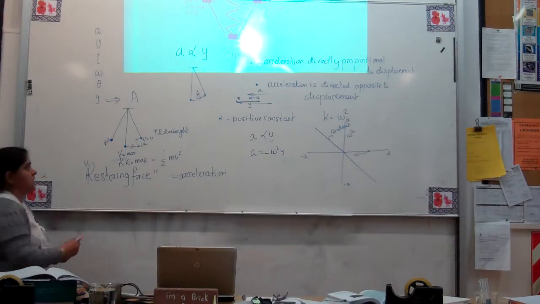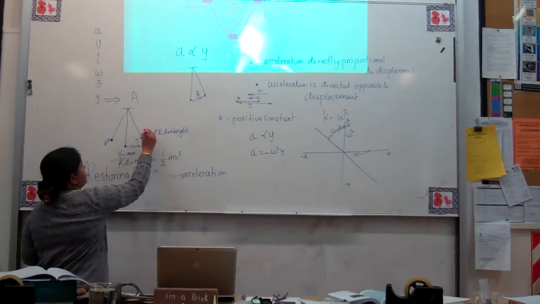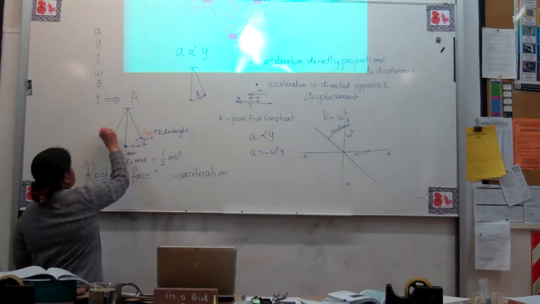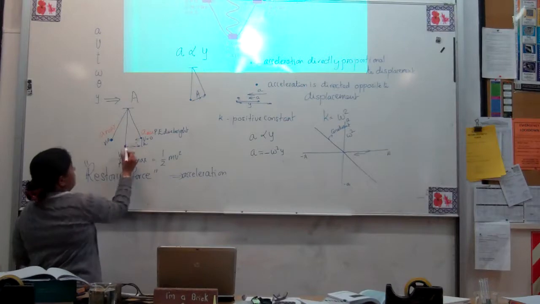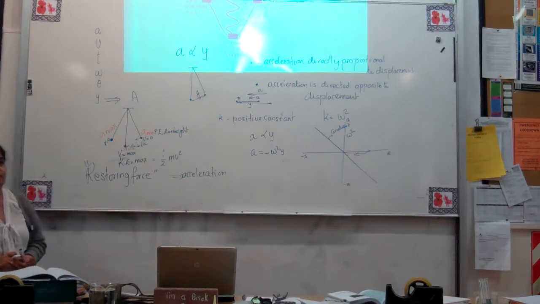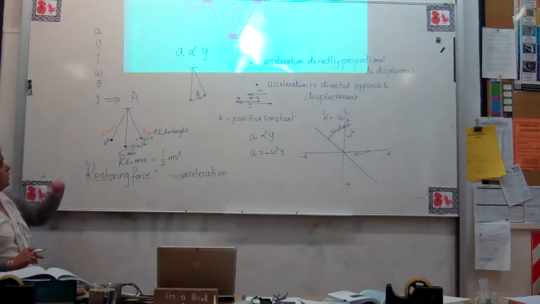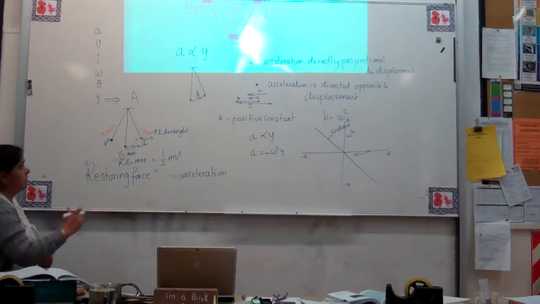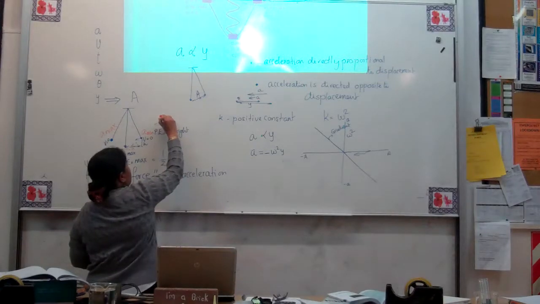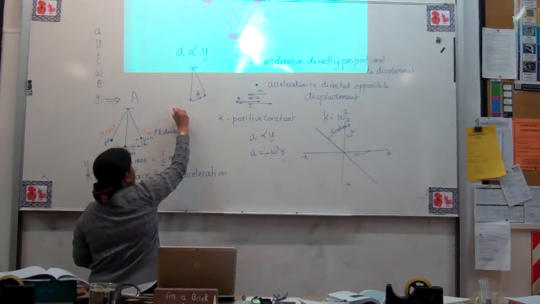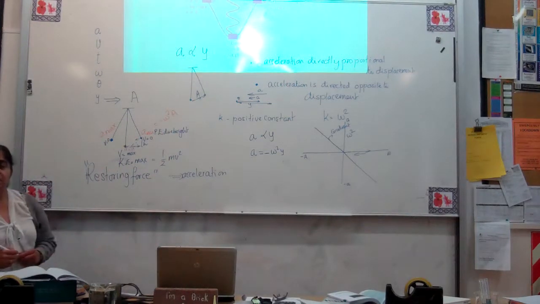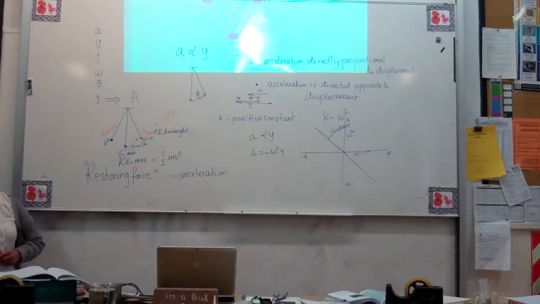Maximum displacement. Acceleration maximum here, and here no displacement, so acceleration is 0. Okay? And I've already covered how maximum acceleration is calculated. Minus omega squared A.